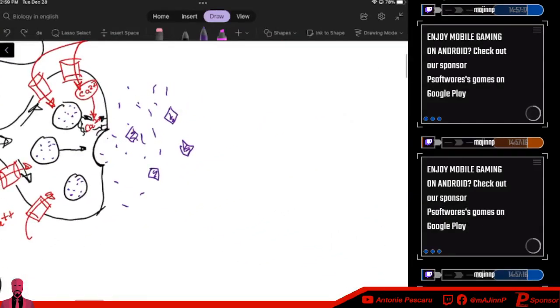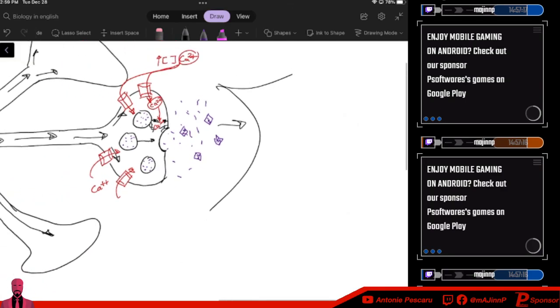And these little neurotransmitters are also going to go do the same job. They're going to go to another neuron, and they're going to start the same action potential in that neuron. It's like a chain reaction, right?